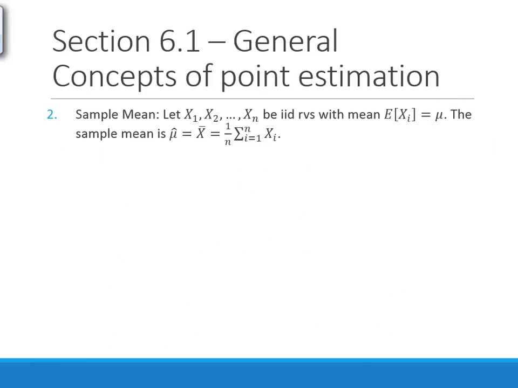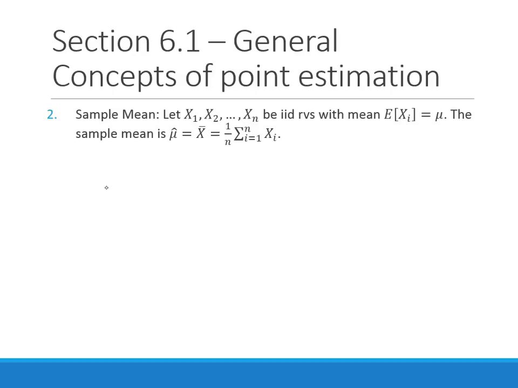Another example here, let's suppose that I have a bunch of IID random variables with some particular mean. It doesn't matter what the distribution of those random variables is, as long as I know what their mean is. The sample mean here we could call mu hat or x bar. That's my estimate.